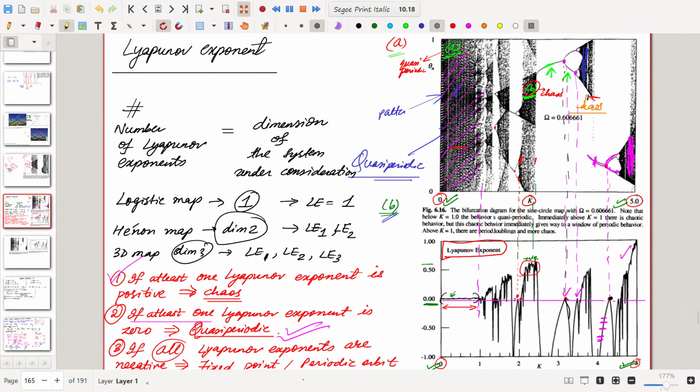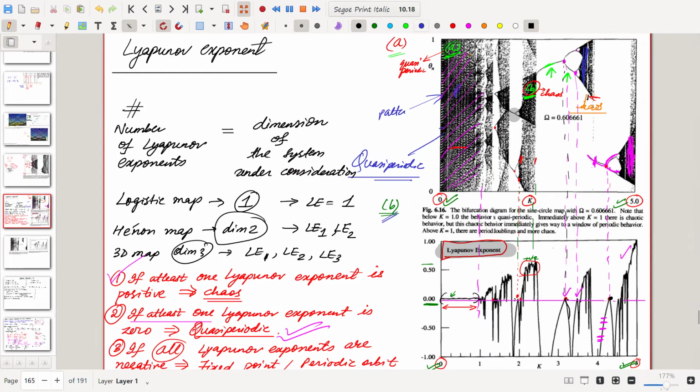Another important aspect you are going to learn in this slide is that whenever a bifurcation happens, the Lyapunov exponent touches zero. Can you see this? Observe this one.